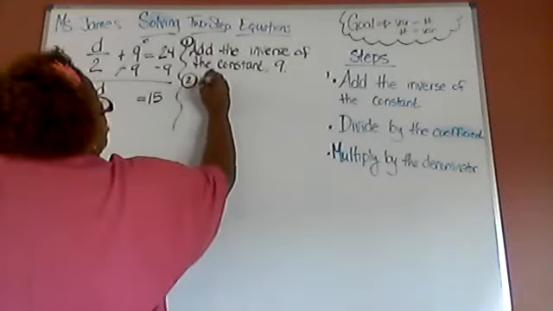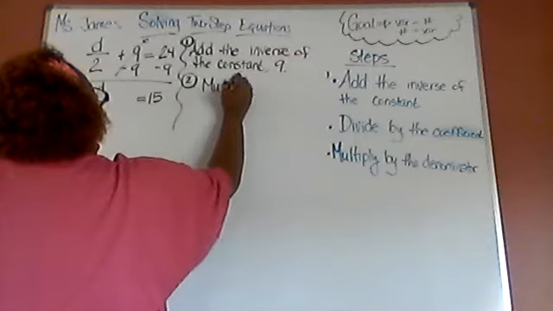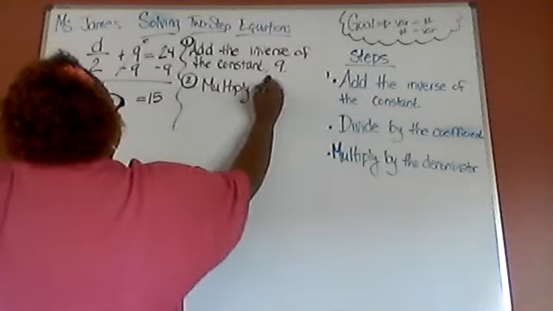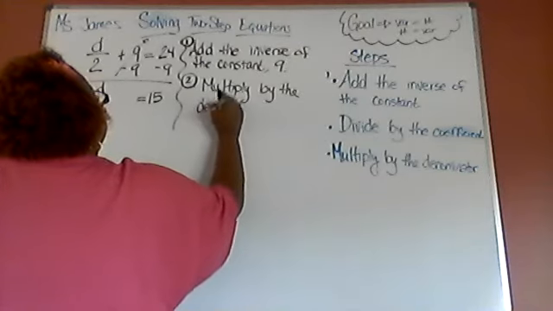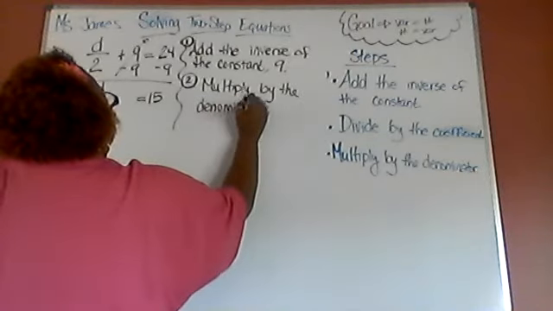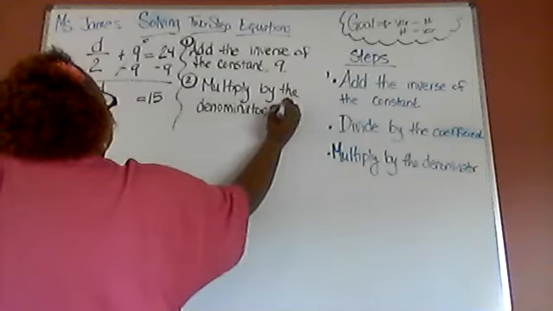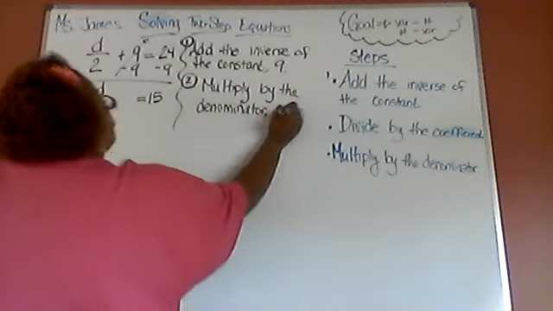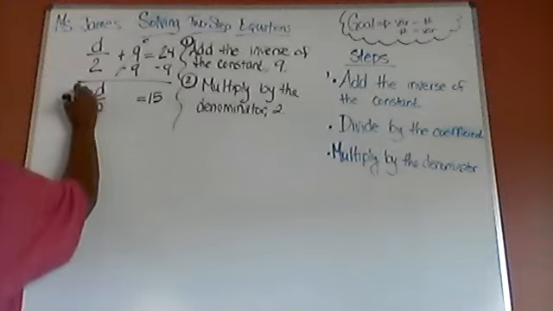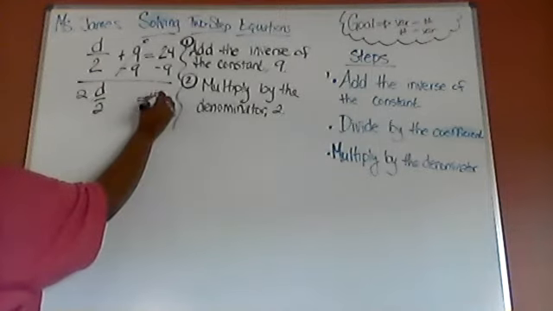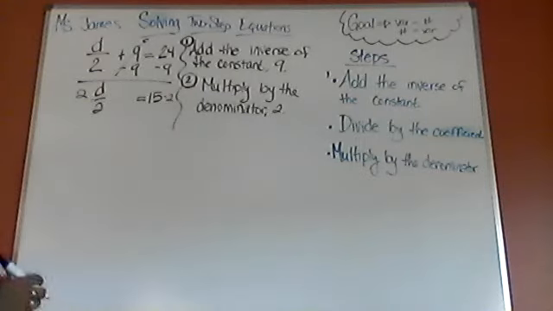We're going to multiply by the denominator 2. Okay? So we have 2D divided by 2, and then we have 15 times 2.